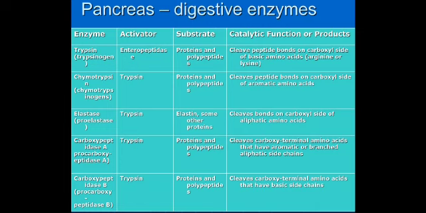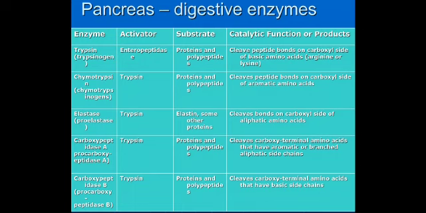The protein digestive enzymes, called proteolytic enzymes, are trypsinogen, chymotrypsinogen, elastase, and carboxypeptidase B. These are all activated by enteropeptidase, and chymotrypsinogen and elastase are activated by trypsin.